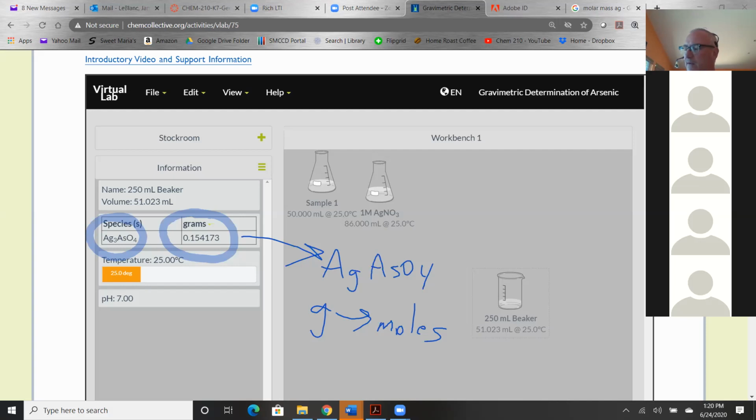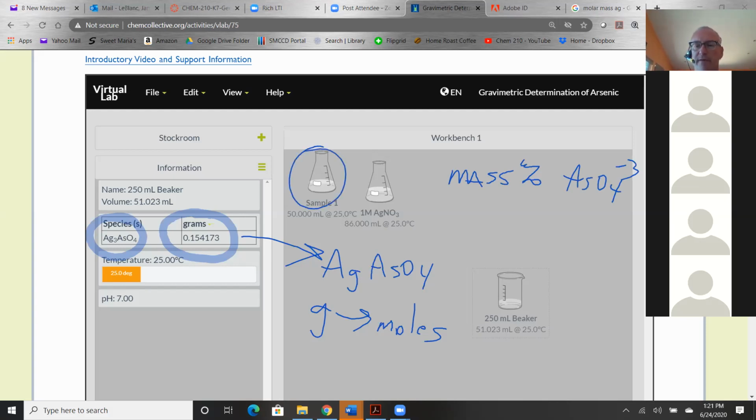And then I think at the end, you are going to figure out what the mass percentage is of arsenate in the solution, in that sample.